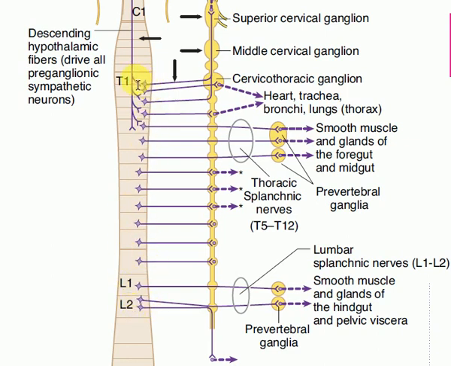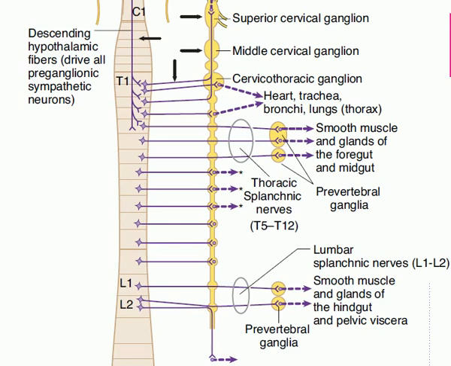But this is a restricted region, starting from T1 and ending at L2 levels, but it has to supply the entire body, because the sympathetic nerve fibers are present over the entire body.